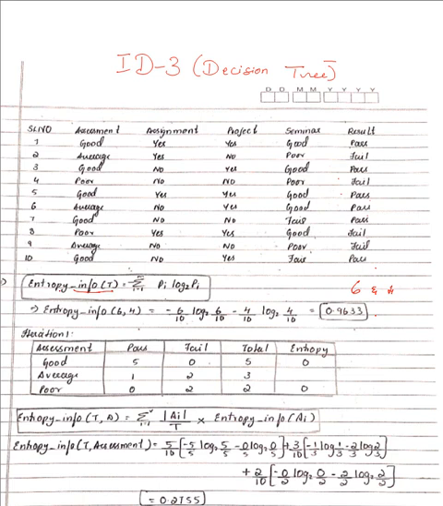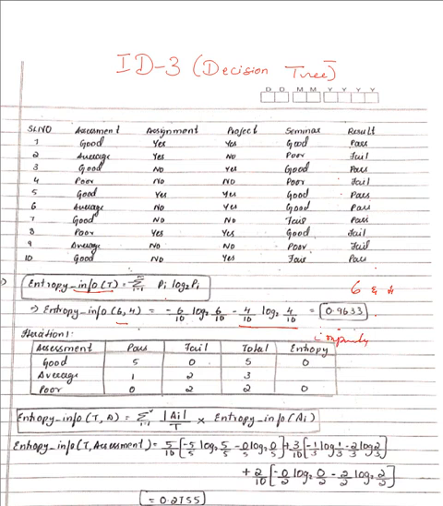So entropy of 6 comma 4, that is positive comma negative instances, minus 6 by 10 log 6 by 10. pi is nothing but positive instances divided by p plus n, positive plus negative. Similarly, minus 4 by 10 log 4 by 10 for the negative instances. You will get the entropy of the tree as 0.9633. Okay guys, so this is the entire impurity of the node.